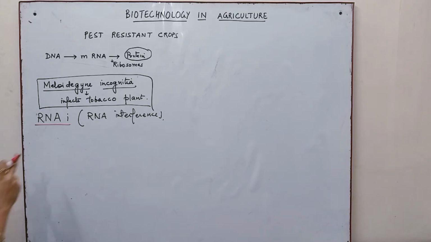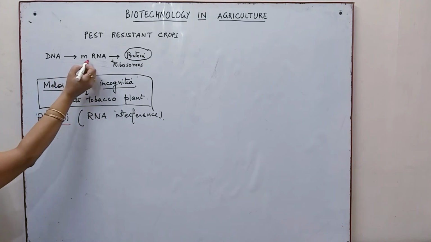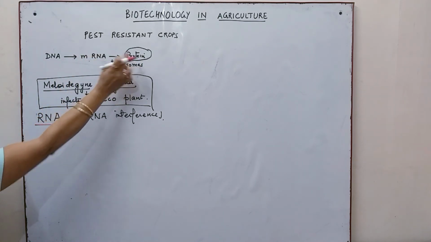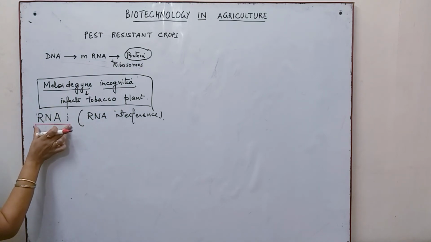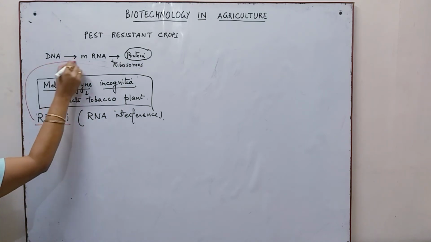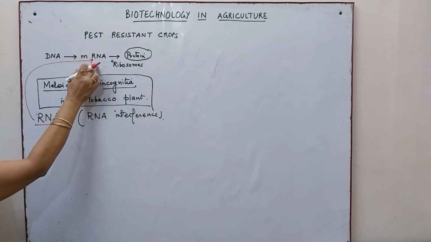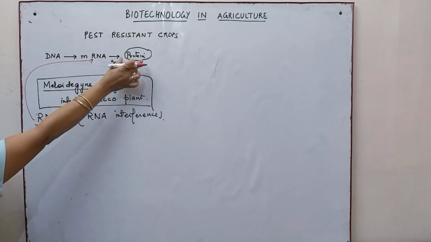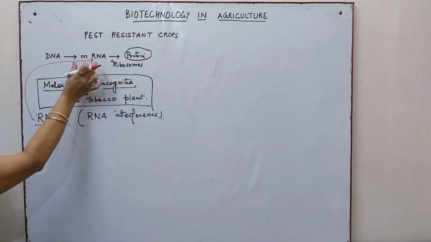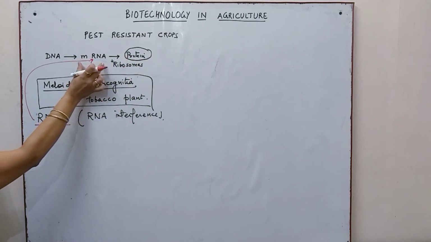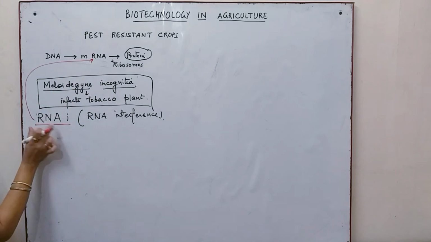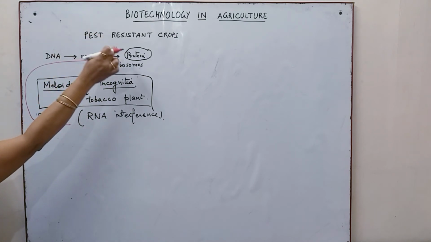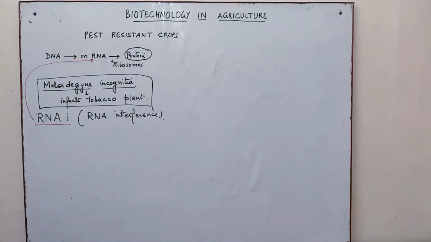So how RNAi functions is, since we know that mRNA is used by the ribosome for the synthesis of the protein, this RNAi affects the mRNA, and when it affects the mRNA, it will stop the synthesis of that particular protein, because this is again a specific gene sequence. So this RNAi will bind to this mRNA, will modify it, and the protein synthesis can be stopped.